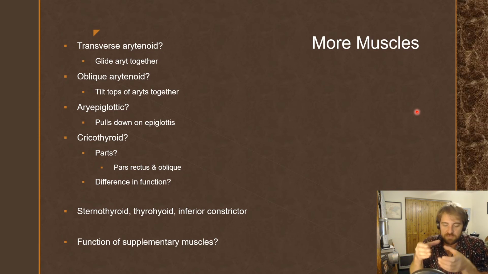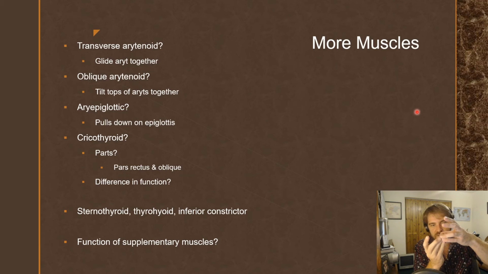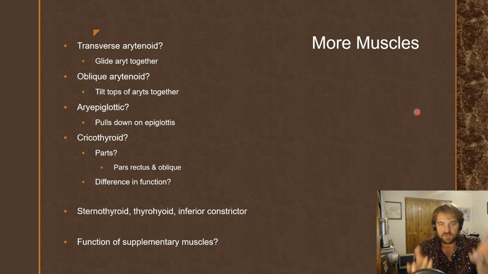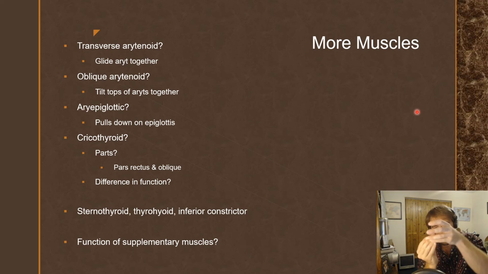So it's going to be pulling. Here's our joint. The pars oblique is going to be over here, and it's going to be responsible for gliding. The pars rectus is in front here. You can think of it kind of like the abs for these two cartilages. So it's going to pull down.